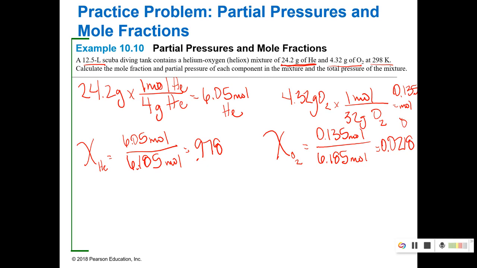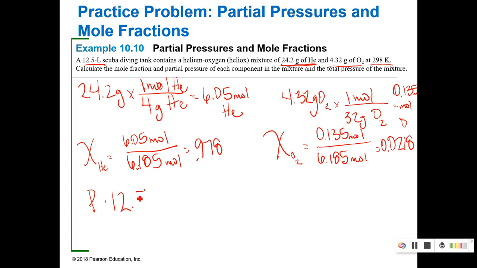Okay, and then we want the partial pressure of each mixture. But first, we also need the total pressure. If it were me, I would find the total pressure first. And you can do that by using the total moles in the PV equals nRT equation.